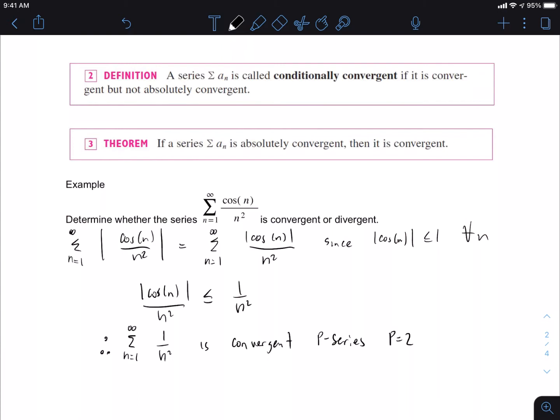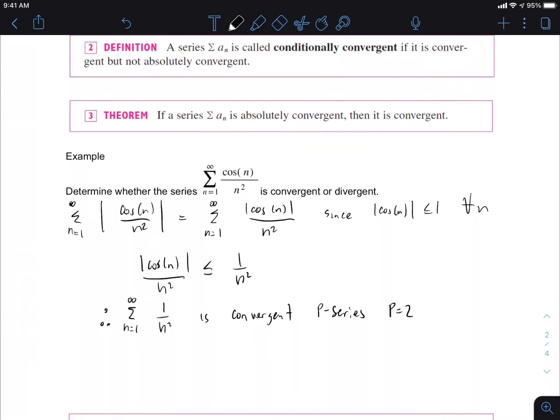So since that's the case, that's bigger than cosine of n over n squared, we know that this implies, therefore, that my sum of cosine of n over n squared is convergent, right?